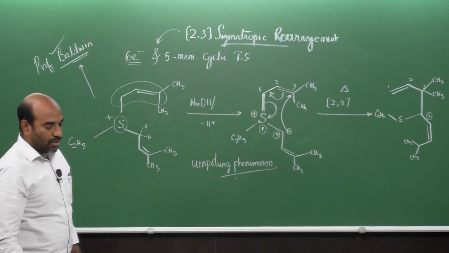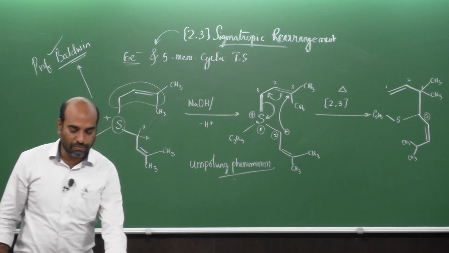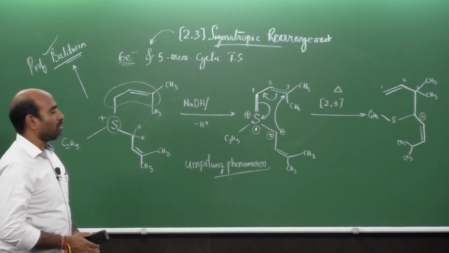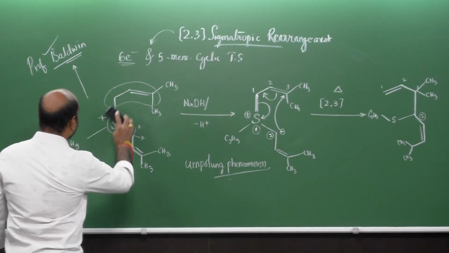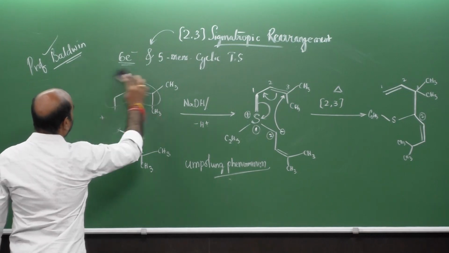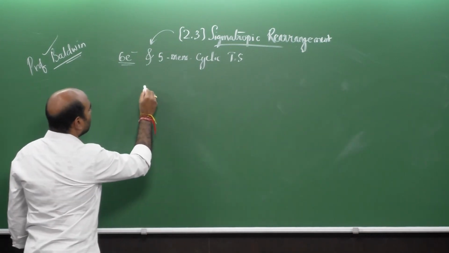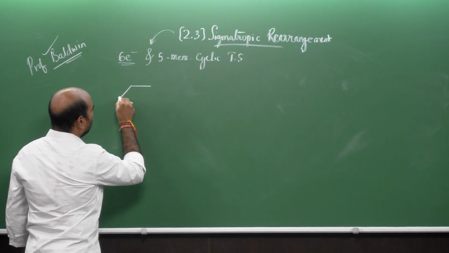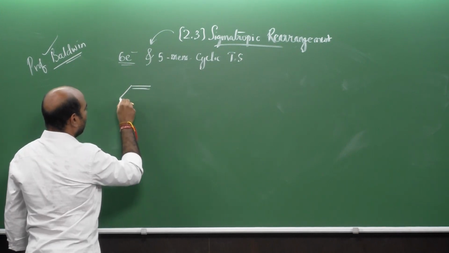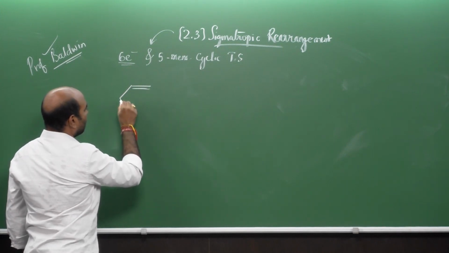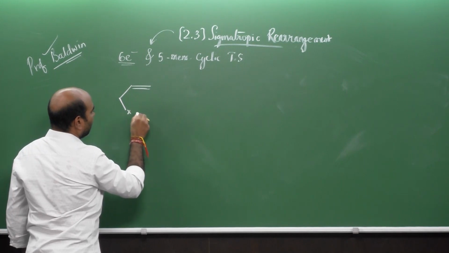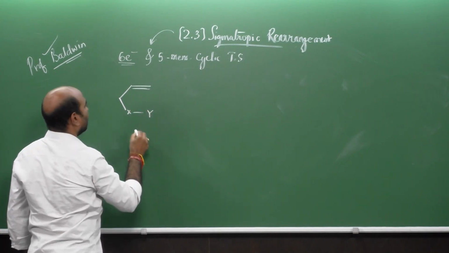Okay. So in a generalized way, if we want to see the 2,3 sigmatropic rearrangement, we can see it like this. So here we have X and Y, let it be.